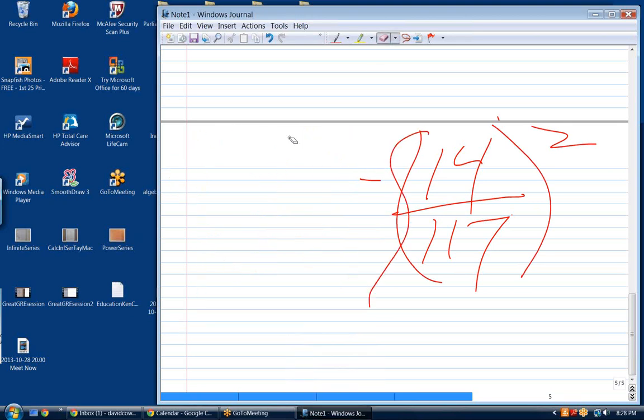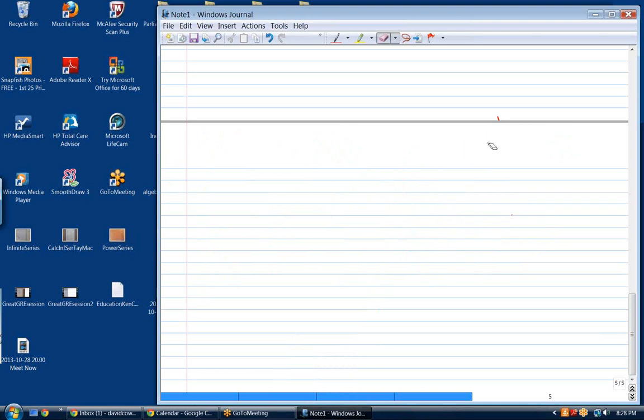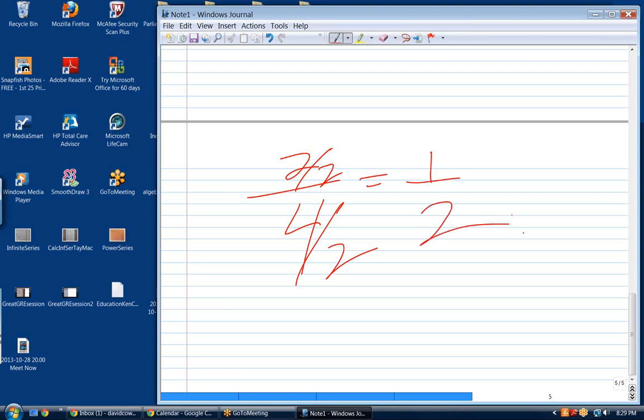That's different than working with a fraction. If I have a fraction, I can only multiply or divide this thing by 1. Well, I'm going to divide the top by 2 and the bottom by 2, which is the same as dividing it by 1, and that reduces it to 1/2.